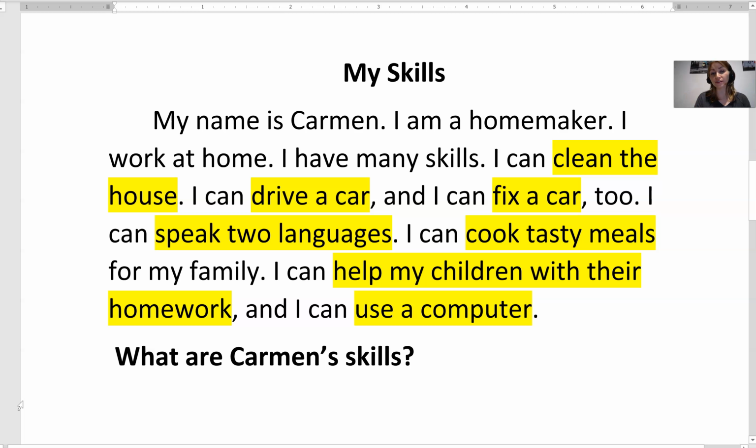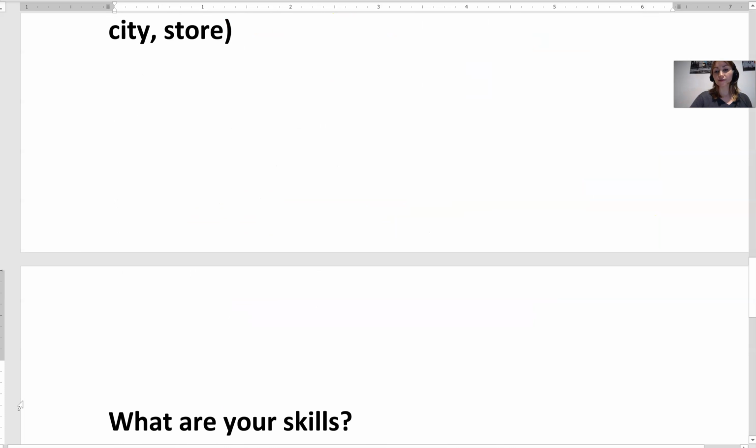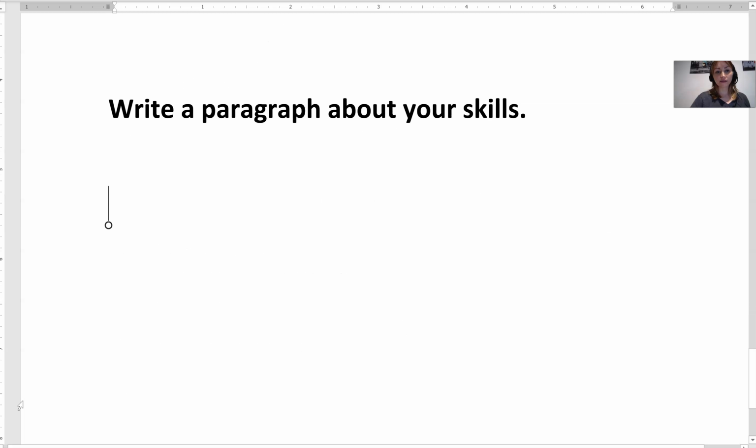You can follow the style of Carmen's paragraph. So I can say, my name is Eloisa. I am an English instructor. I work at Cypress College. I have many skills, and then I continue. Okay, so you're going to write your ideas. I will show you my example here for a paragraph.